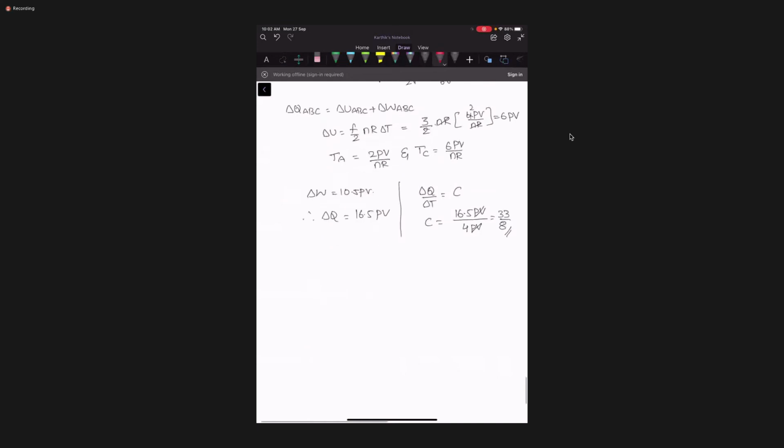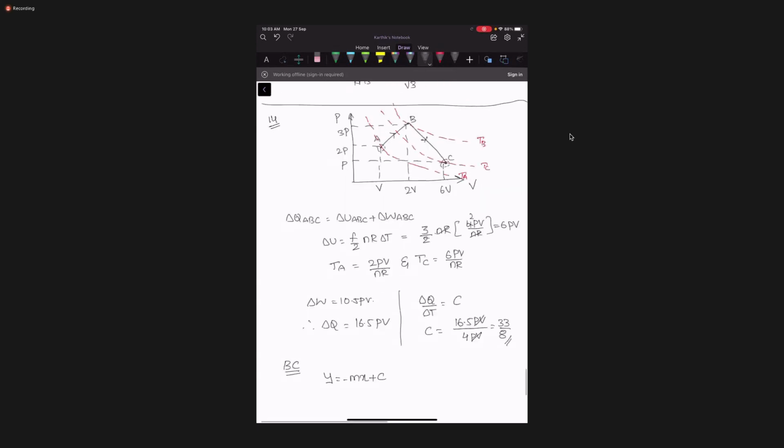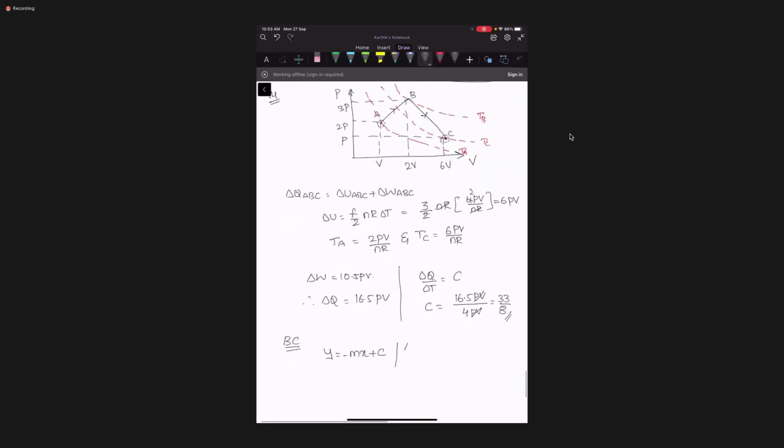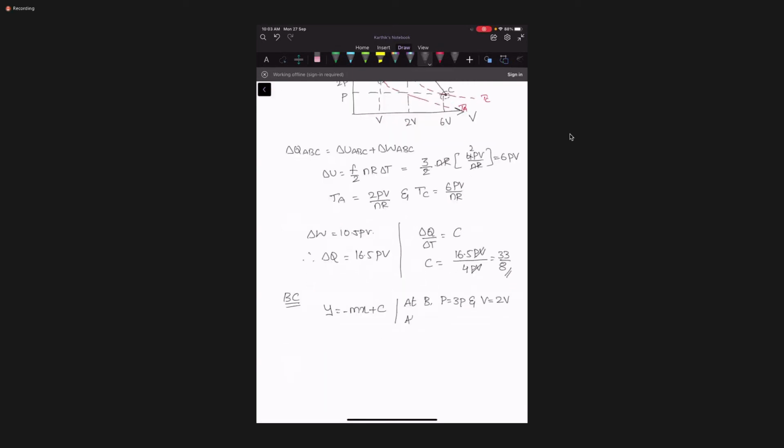So now see, if you see your BC, can I say y equals minus mx plus c format is there? Yes. Decreasing slope. So at B, my pressure is 3P and my volume is 2V. At C, my pressure is P and my volume is 4V.